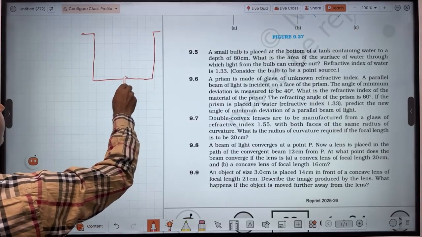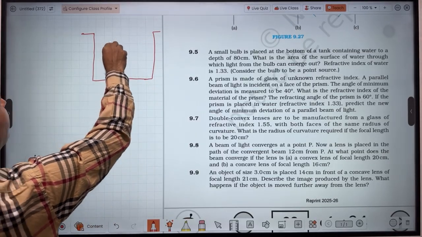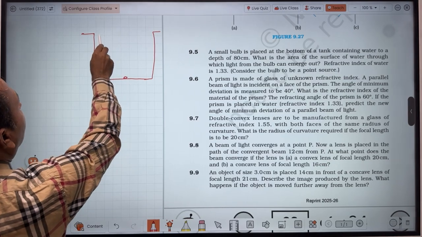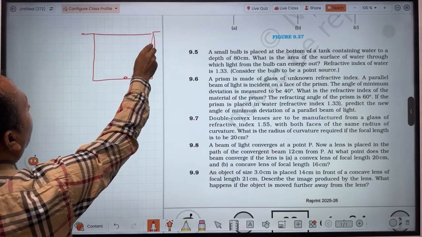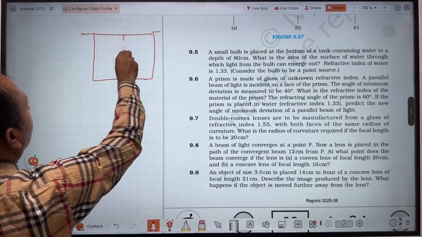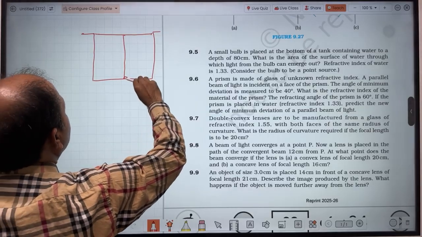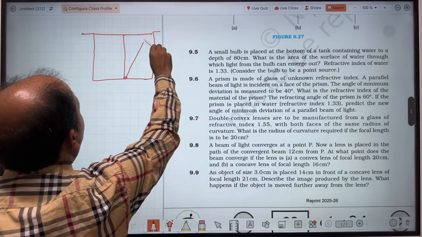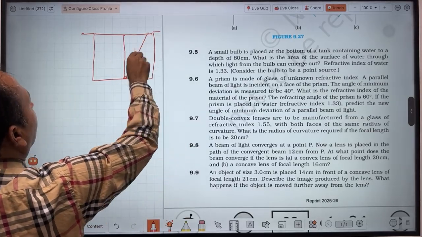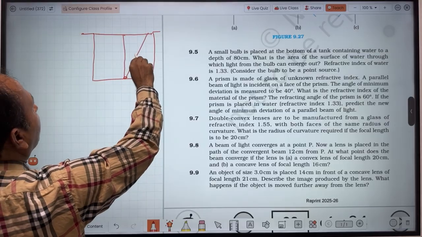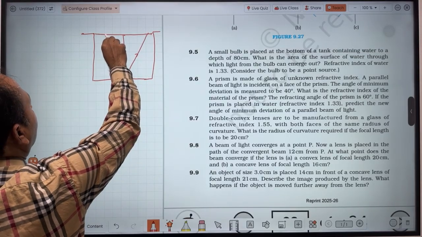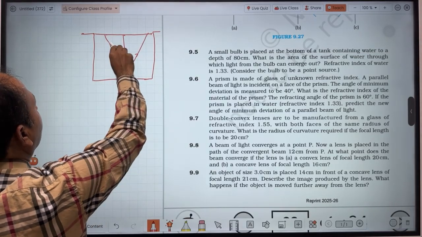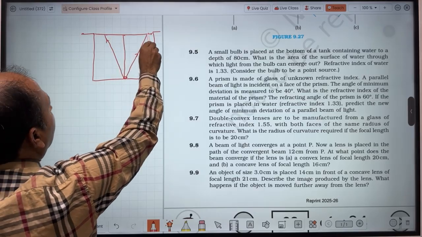Here there is a bulb, light source. So we can draw a perpendicular at this point. Suppose a light ray is going like this. Similarly, in this direction, the light ray will go like this.